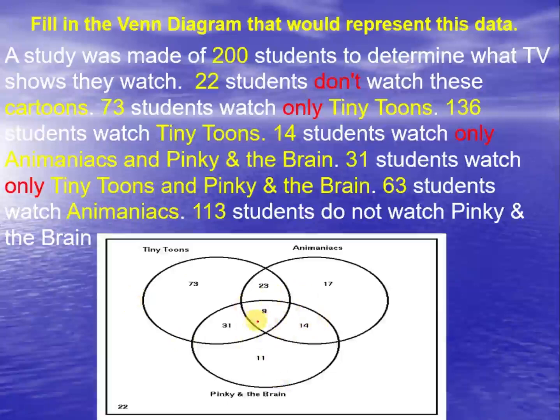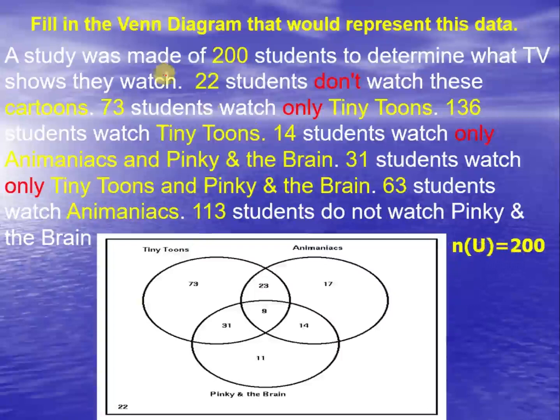So there are three different TV shows, and that makes what? Three-set problem. Okay? And in this, it is saying that the universal set, the number of students that were there, is 200. So we have the universal set as 200.